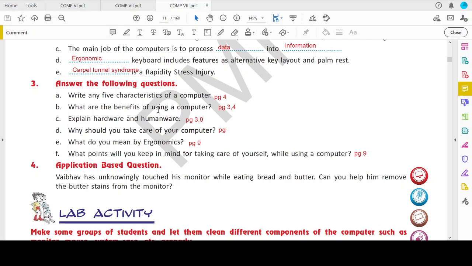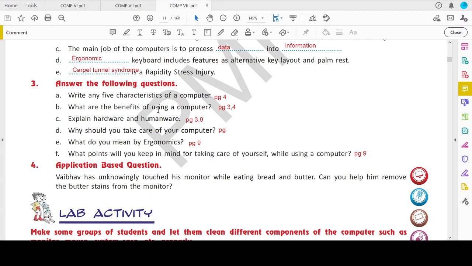Next, explain hardware and humanware. Hardware: what are the hardwares used in a computer? A computer uses hardware and software. A computer system is not functioning, it is not workable unless it has both.